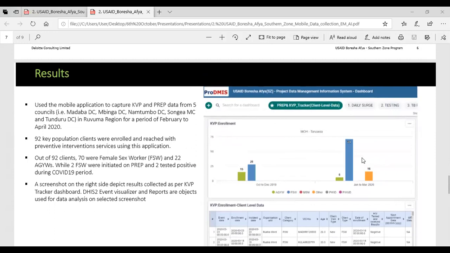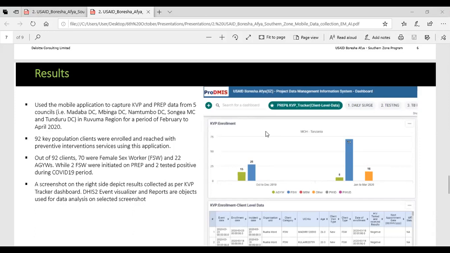The next slide shows some of the results which we managed to collect through the application. The application was accessed via smartphone and also laptop. These are the results from several councils in Ruvuma, like Madaba, Mbinga DC, Namtumbo, Songea, and Tunduru DC. This data was collected from February to April 2020.